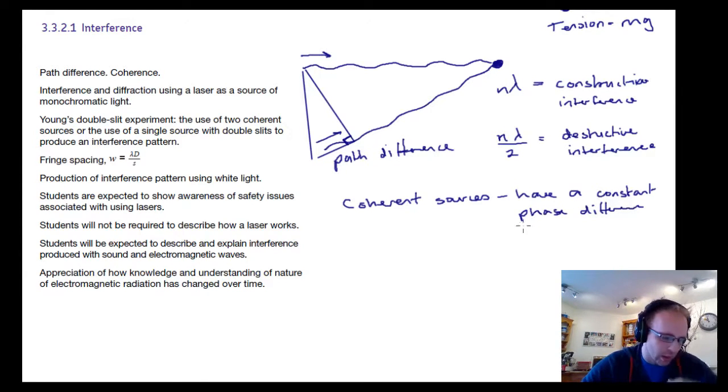So it could be 0, it could be something else, but two coherent sources have a constant phase difference. So if two sources have a constant phase difference, then we say that they are coherent.